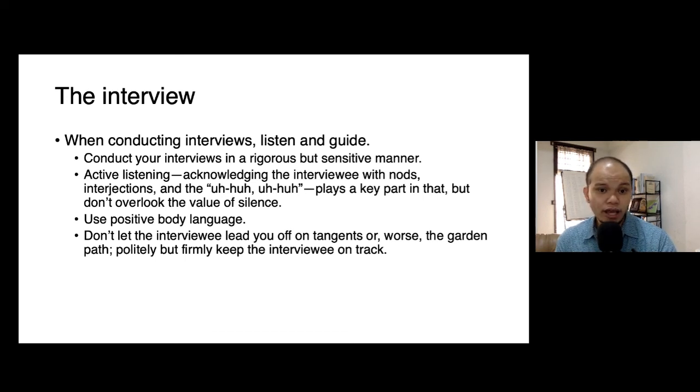And this is what we call active listening, acknowledging the interviewee with nods, interjections, the ahas. But I wouldn't recommend that you keep on doing it just for the sake of filling the silence. When you nod, when you acknowledge and say aha, there has to be genuine understanding, genuine recognition of what the interviewee is saying, and not just blurting out aha or nodding your head as if you're play acting.